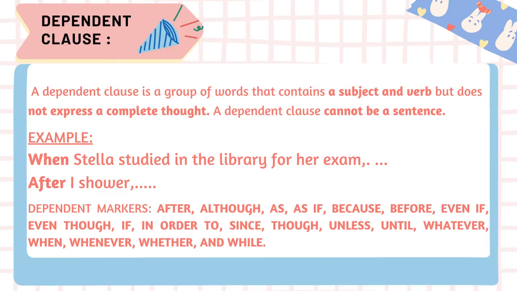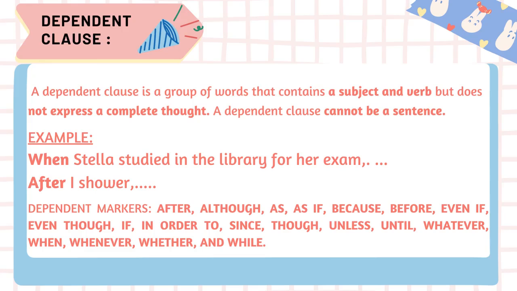A dependent clause is a group of words that contain a subject, verb, but it does not express a complete thought. Let's take a look at this example. When Stella studied in the library for her exam, or after I shower. So dependent clause is a clause that cannot stand on its own.